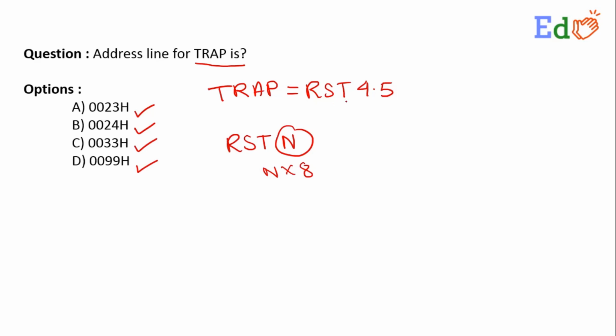So if you have RST 4.5, you have to multiply 4.5 with 8. So obviously you will get 36, and here the 36 is in decimal format, and if you convert it into hex it will be 24. So obviously the answer is B, 0024 hex.